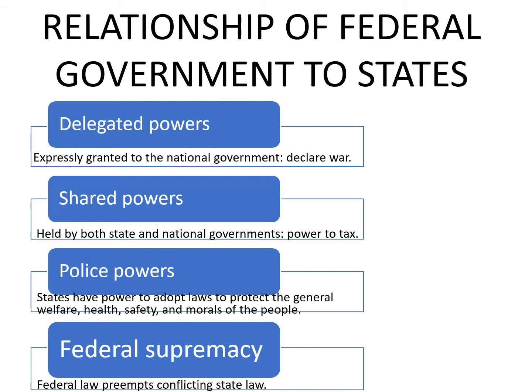Now, this all leads to this notion of we've got federal powers, we've got state powers, sort of parallel, right? The federal government only has the power to create laws in the areas that it has been delegated in the United States Constitution.